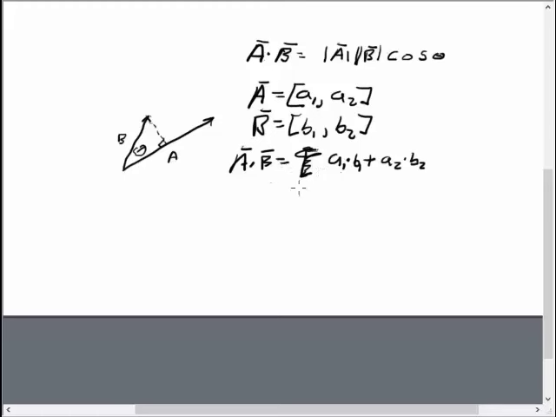What's also very powerful about this is that, using the dot product, I can turn around and compute what this cosine theta is.